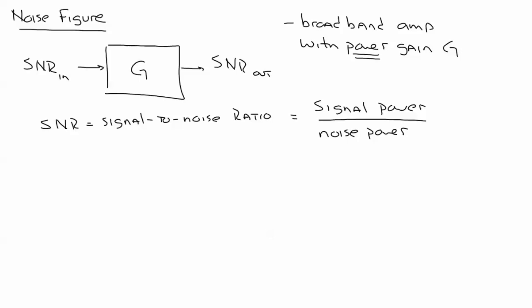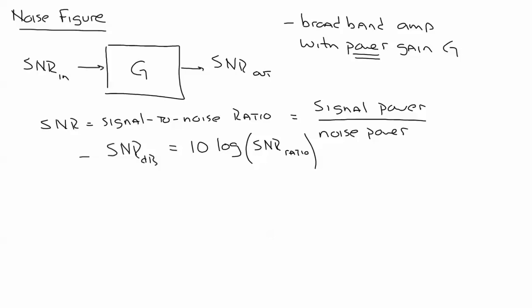Sometimes it's expressed in dB. Because signal to noise ratio is a ratio of powers and not voltages or currents, in dB it's 10 log of the signal to noise ratio as a simple ratio.